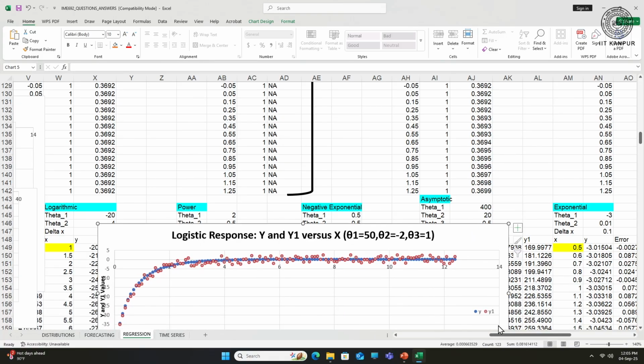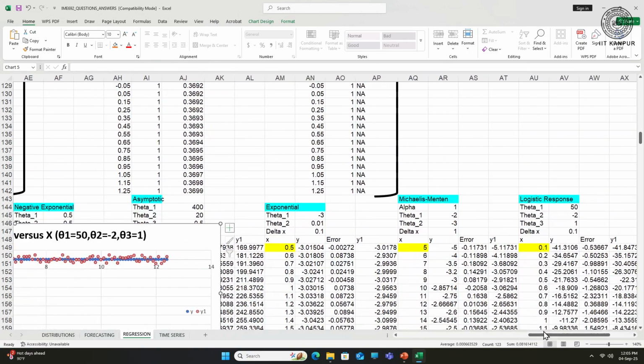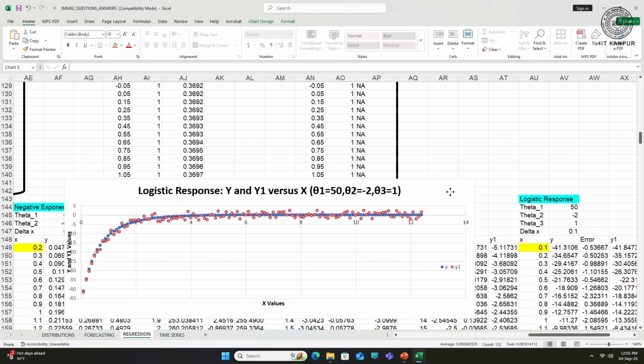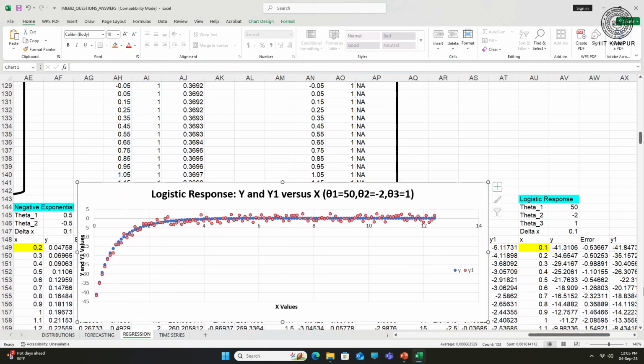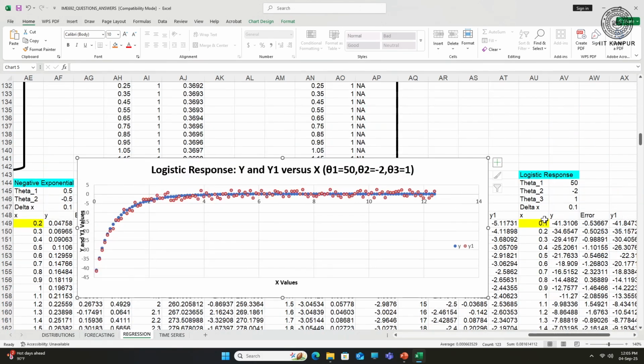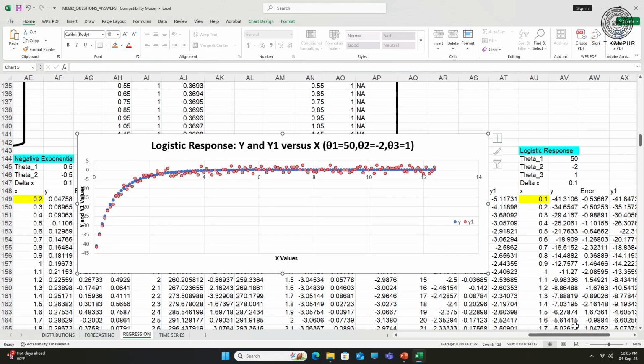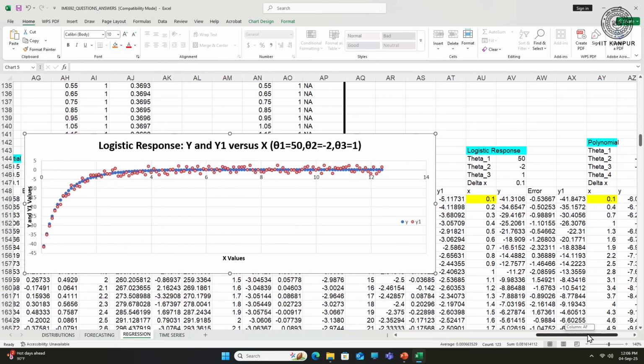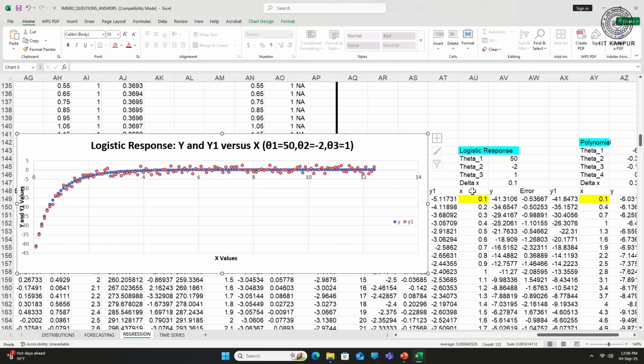The logistic response is written as the logistic model. Here it is, the graph along with the data set and the simulation, how it can be done in the same way. Now it should be clear. So, as usual, we have the logistic response, and we are just highlighting theta 1, theta 2, theta 3.